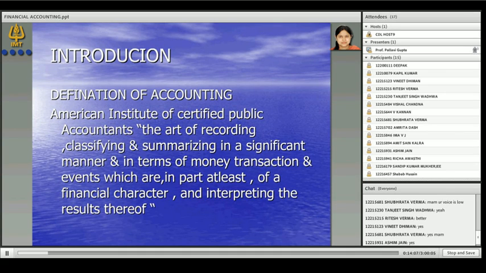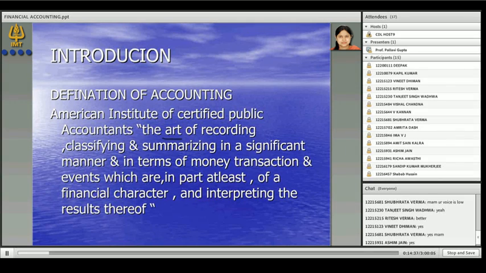So this is the definition of accounting as given by the American Institute of Certified Public Accountants. This is quite a comprehensive definition of accounting which encompasses mostly all the functions of accounting. The definition is: the art of recording. Firstly, it highlights the fact that it is taking accounting as an art. There are contradictory views on whether accounting is an art or a science.